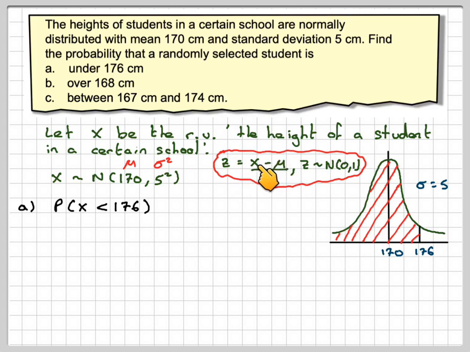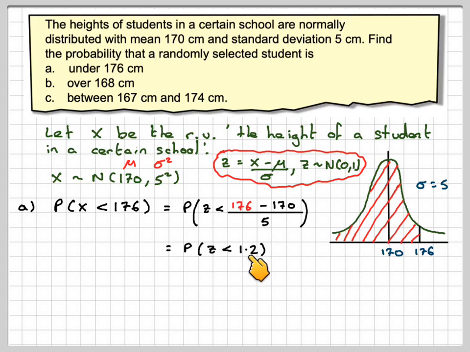To standardize, you take the probability, you take away the mean and divide by the standard deviation. So that would give you 176 minus 170 divided by 5. Now, that would give you that probability z is less than 1.2, and then you'd go to your tables and look that up.